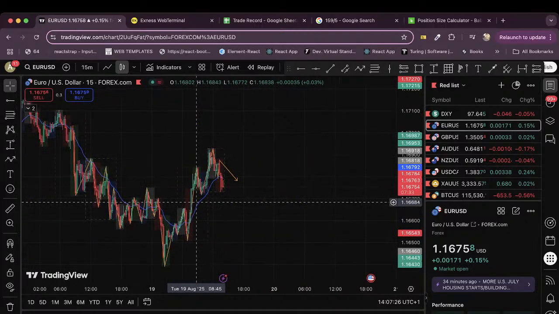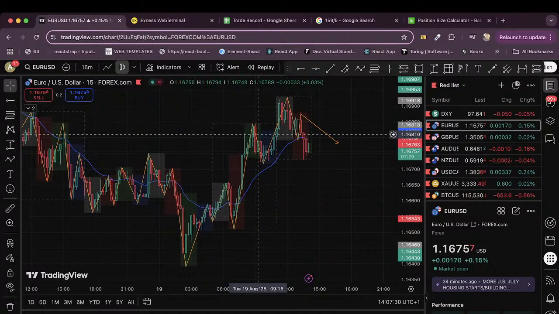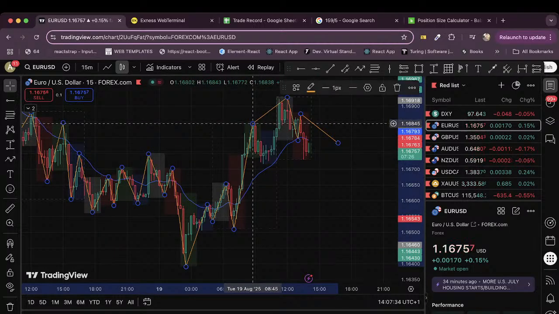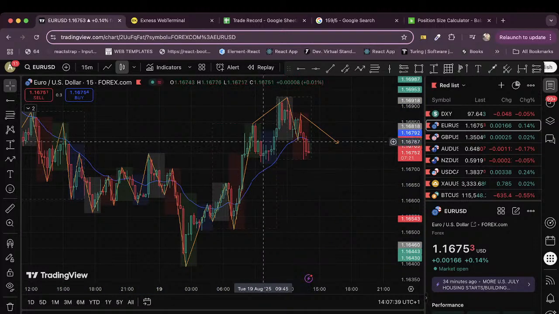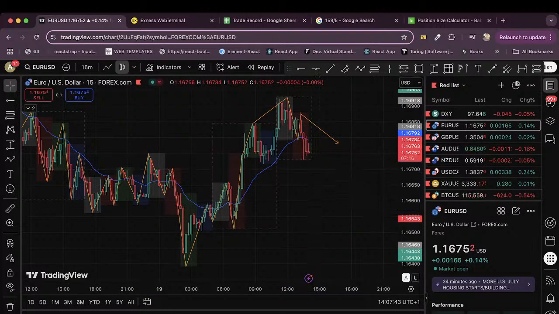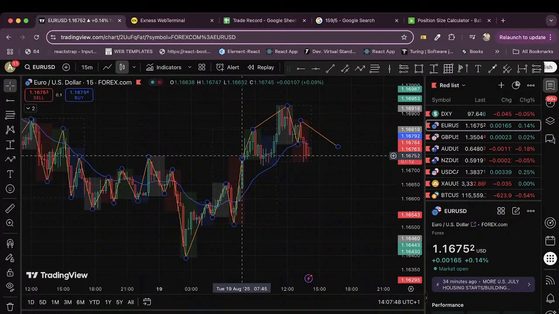So for me, I would want to make it one swing, so I can do this. I don't know if I can do this. Can I do this? Yeah, I can do that actually. I just don't want to redraw this pattern again, so I'm just keeping it this way.